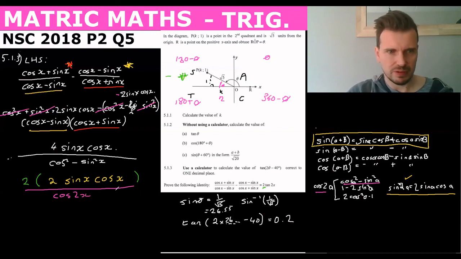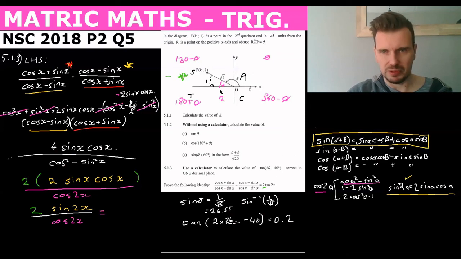So then we have 2 sine 2x over cos 2x, and that equals, now we can just say, 2 tan 2x.